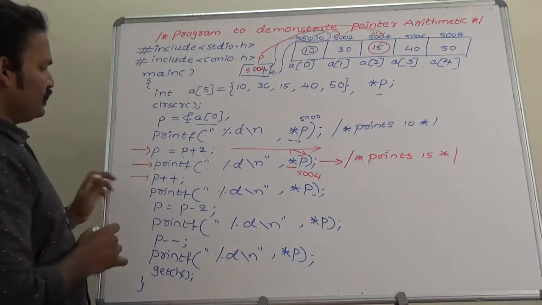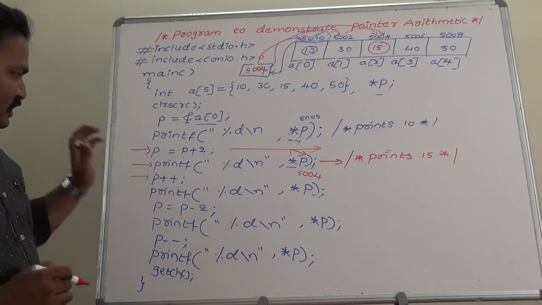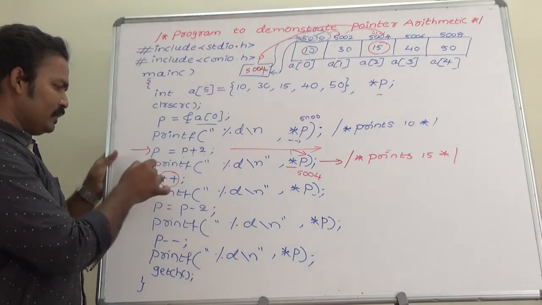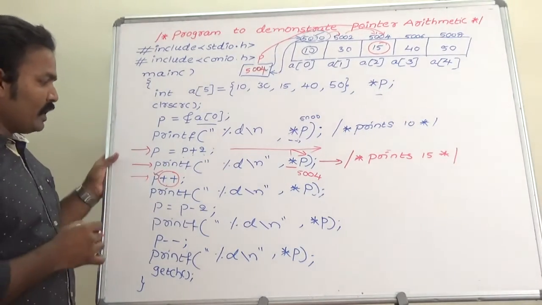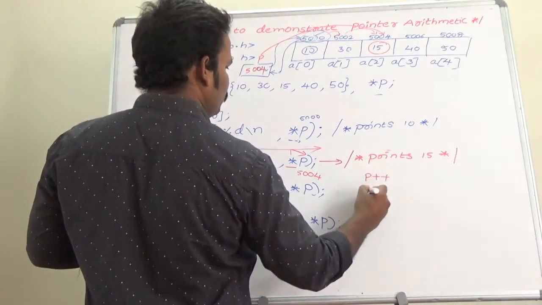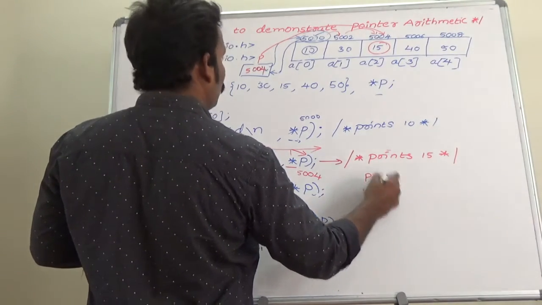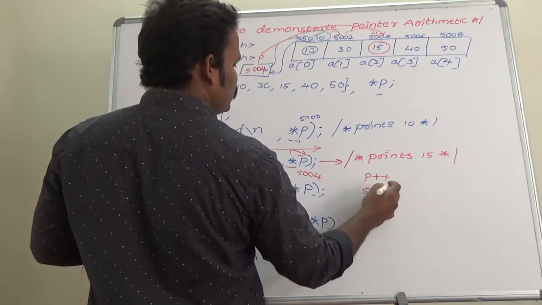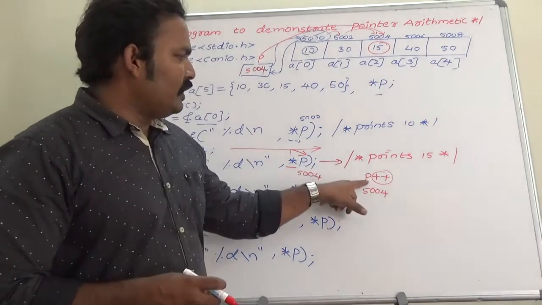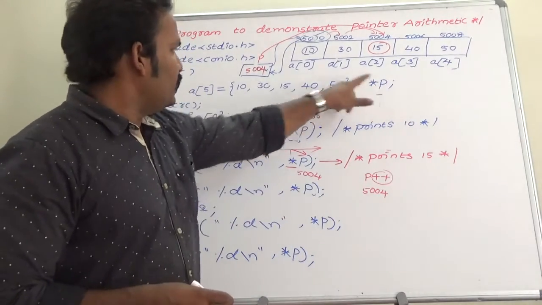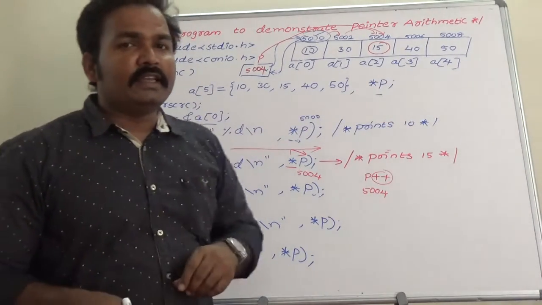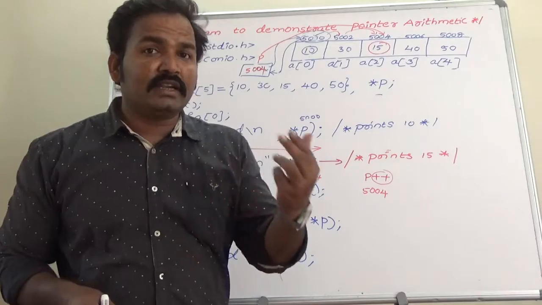Right. Next execution control executes the next statement, p plus plus. Here by applying the increment operator to the pointer variable p, p value becomes what? The actual p value is 5004. Here we already know if the pointer variable is integer type, it increments 2 to the current value.